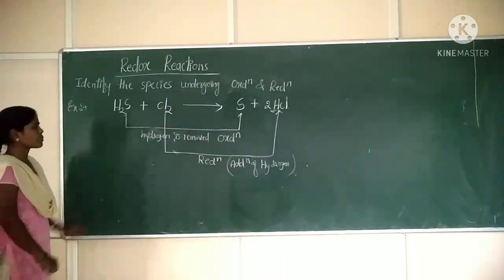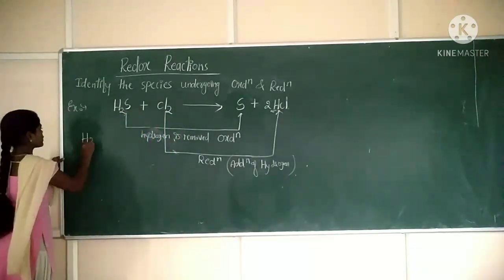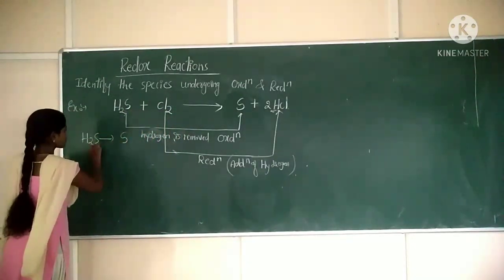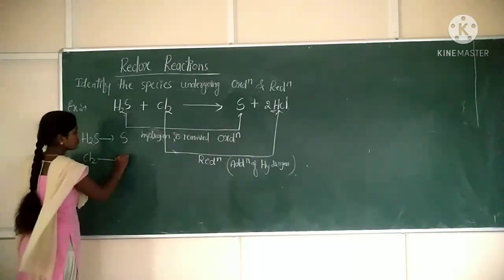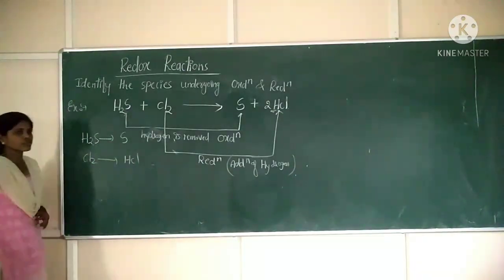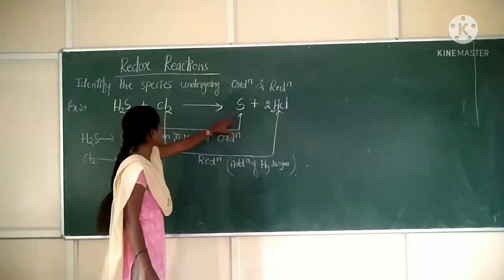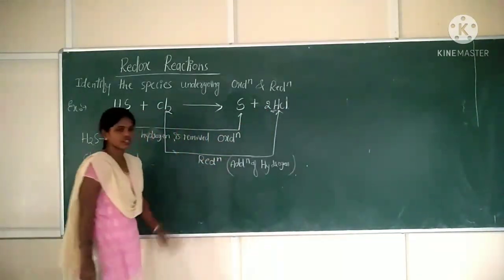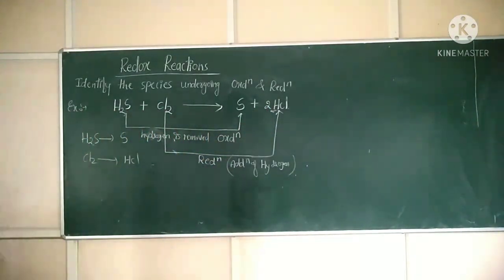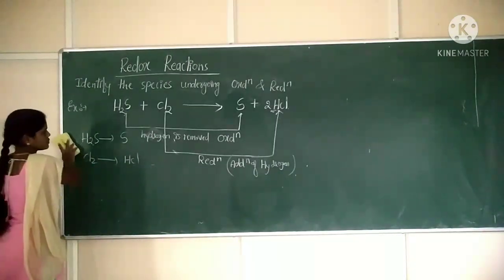So H2S oxidizes to form sulfur and Cl2 undergoes reduction and forms HCl. H2S to sulfur is oxidation. Cl2 getting converted into HCl is a reduction reaction. Okay. Next example.